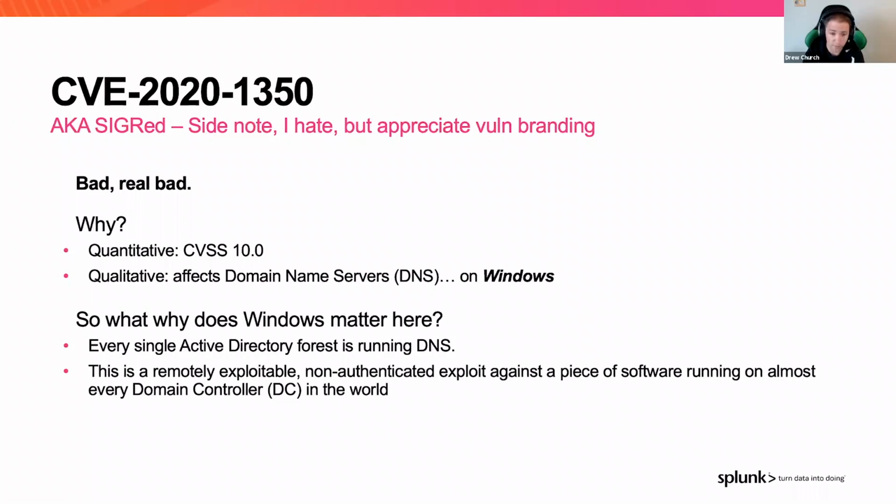I'm guessing no small number of those are honeypots, but it's important to understand that if for some reason you have your Active Directory domain controllers running DNS exposed to the internet, it's a click of a button. It's also non-authenticated, which I think is a critical thing. This does not have to be something where you have to have logged in or have valid credentials. It's, again, non-authenticated. And again, it's running on almost every domain controller, or DC, in the world.